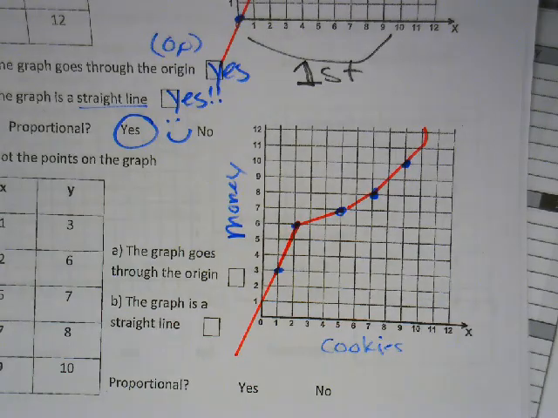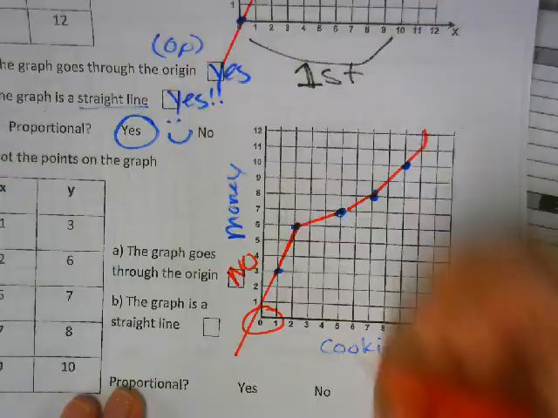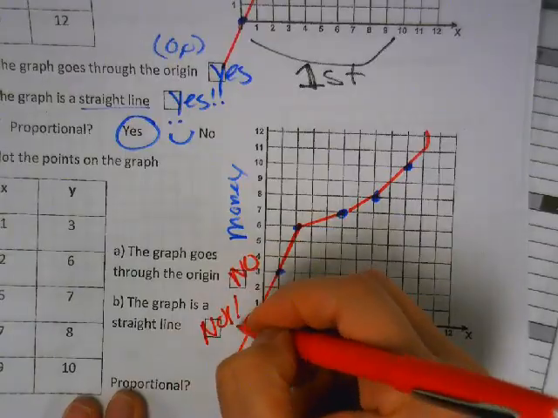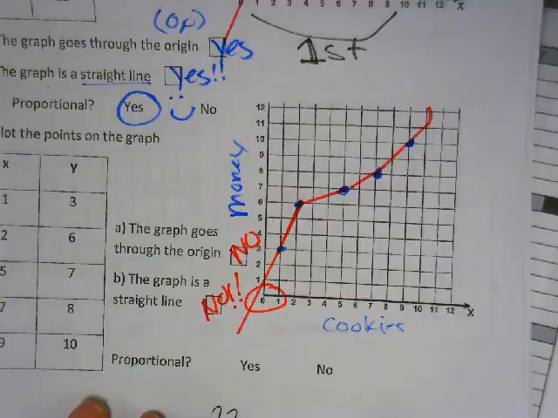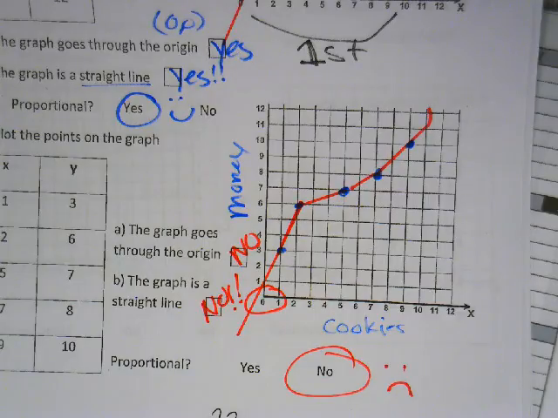So, does it go through the origin? No. Is it a straight line? No. Not even a single case. So, is this proportional? Yes or no? No. We're sad. We're sad because it's not proportional. We're sad because it's not a straight line. Okay? But keep it together. Don't be that sad.